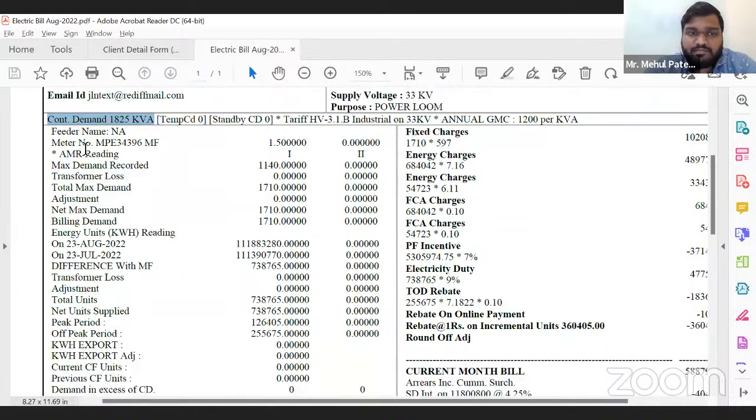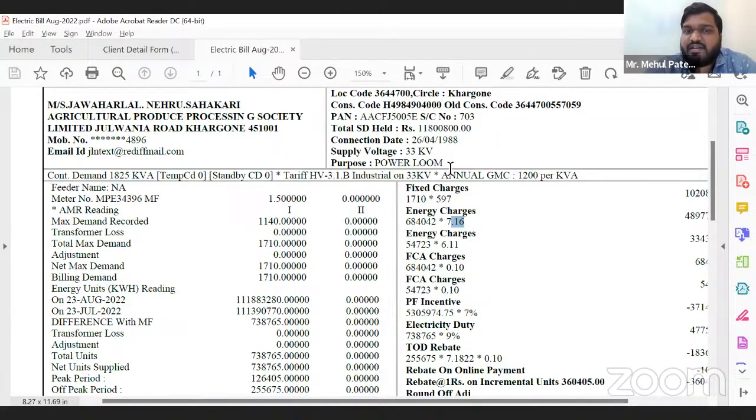Moving further, the first thing, like I said, was contract demand. The second is the energy charges, mentioned over here. 7.16 rupees per unit is the energy charge for this industrial category.